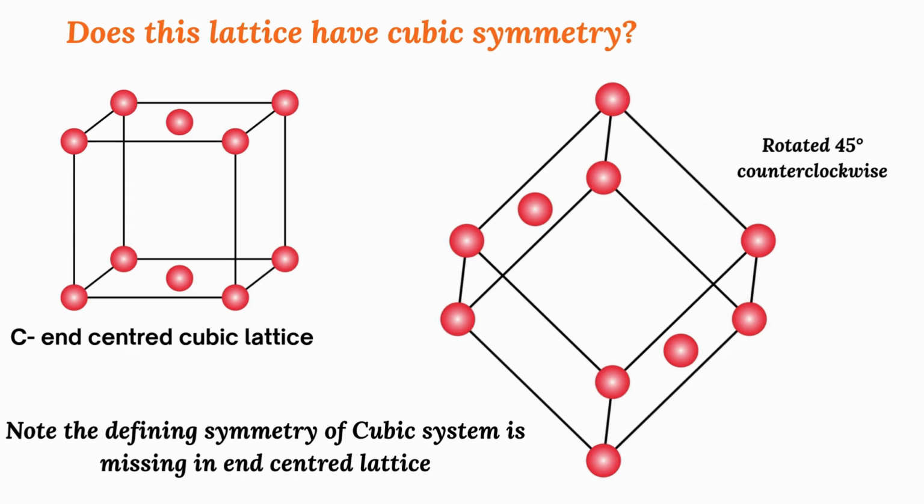That is a simple definition. One should understand why there are different empty boxes. The empty boxes come because the defining symmetry of that particular system is not able to define that particular lattice. Hence it's absent. Here we are getting only twofold symmetry when the defining symmetry axes are positioned, so we are not able to define the defining symmetry of the cubic system in this n-center lattice. Hence it is not present.